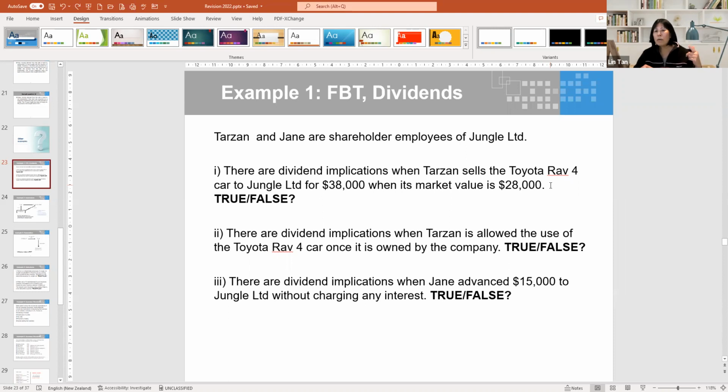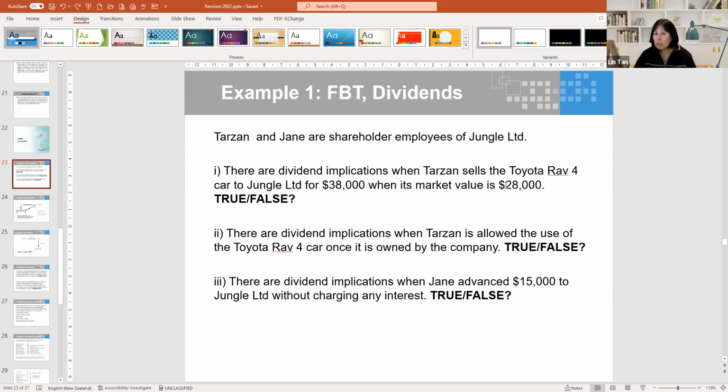So in the scenario, Tarzan was going to sell his own car to the company, for $38,000 when the market value is $28,000. So straight away you can see that this person is receiving about $10,000 more than the market value. So Tarzan is going to benefit by $10,000. So the next question is, is it caught under the dividend rules or under the FBT rules?